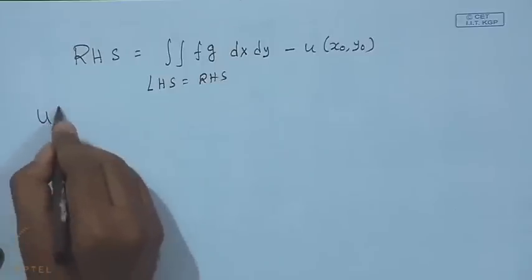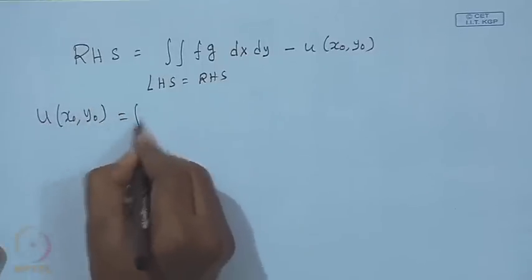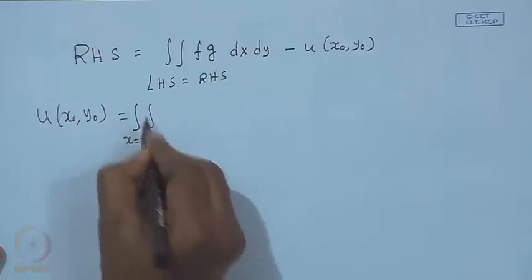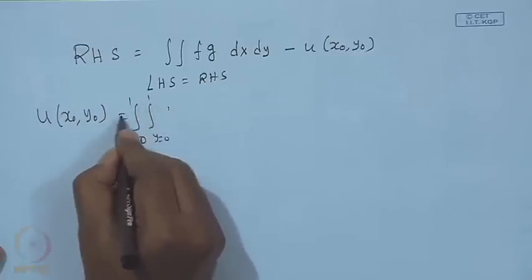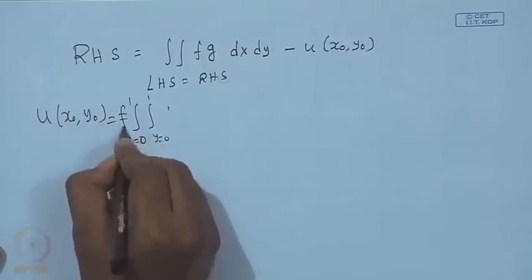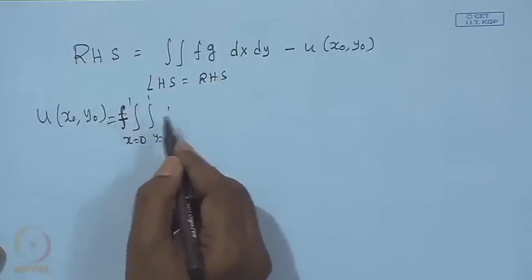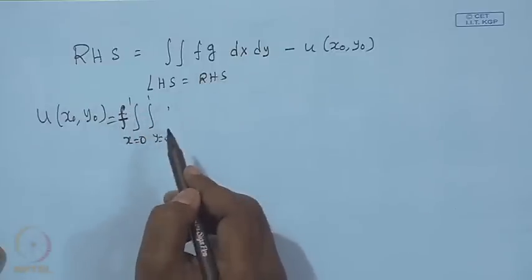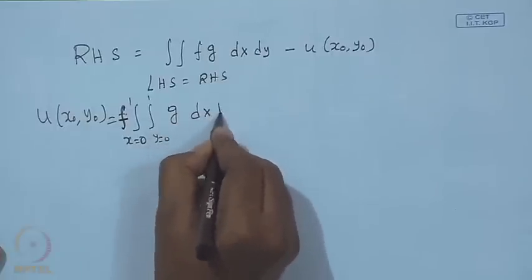So, u at x0 y0 is equal to the integral over x from 0 to 1 and y from 0 to 1 of f times g dx dy. The f may be taken out if it is a constant function. If f is a known function, it can be kept inside and it will be integrated by parts.